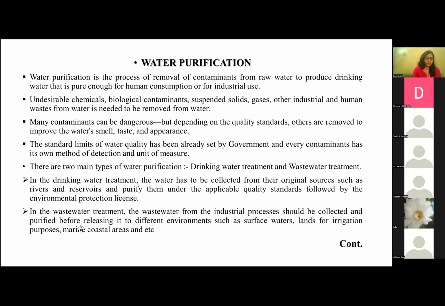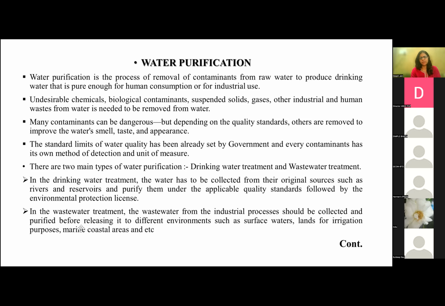If it is a leather industry, then the waste of that leather industry may contain some other contaminants. So depending upon the waste or from where we are getting that waste, we have to set up that wastewater treatment plant. So generally the water purification treatments are categorized into two manners.